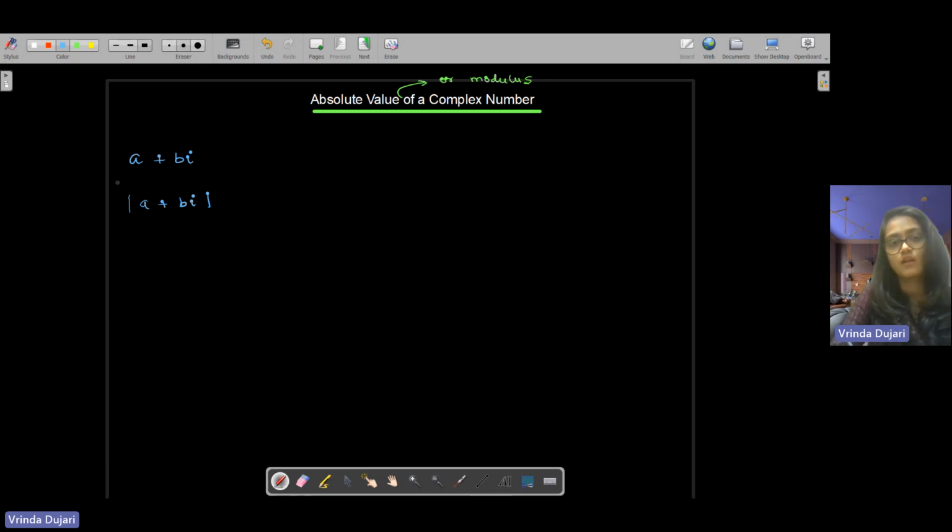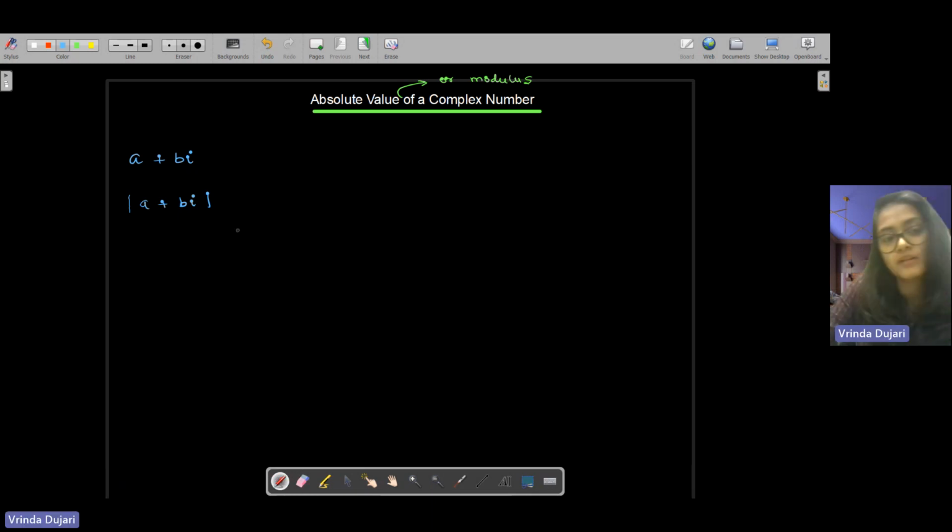You might have also done this concept with the case of real numbers, right? Like what is the absolute value of 3. So we used to draw these two straight lines and that's nothing but 3. What is the absolute value of -8? That's nothing but 8, right? So those similar straight lines we are going to draw here.